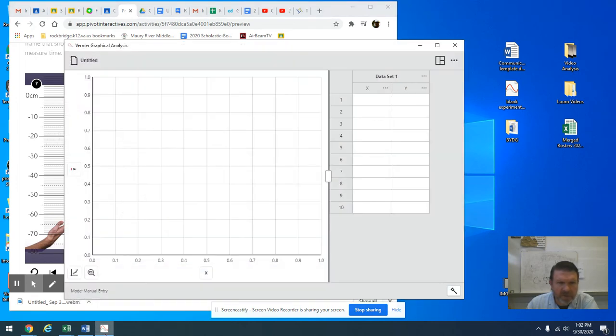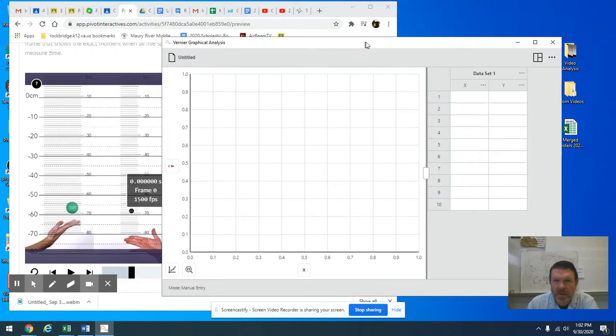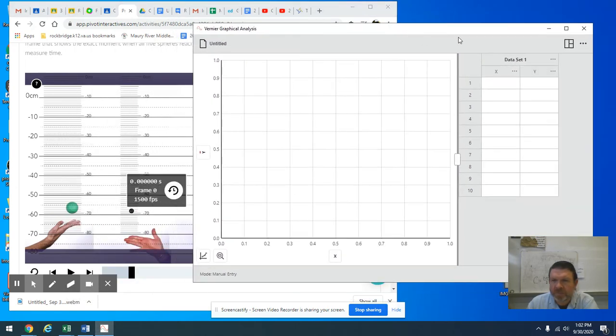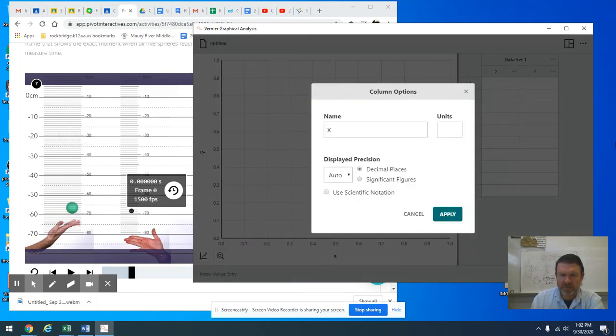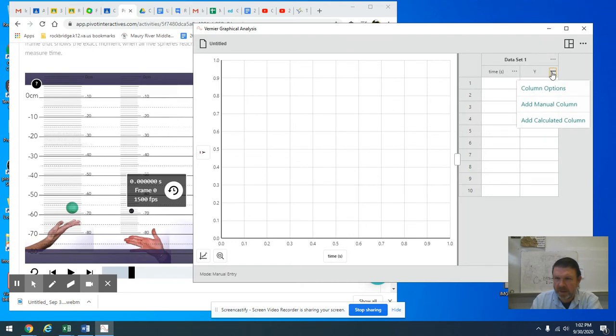Okay, and I have my graphical analysis window over here. And here I already went in and clicked manual for the data entry. I'm going to have time. And the units right now, as they are, are seconds. And then here I'm going to have position.